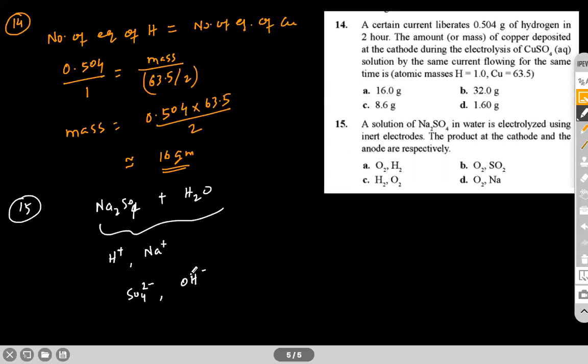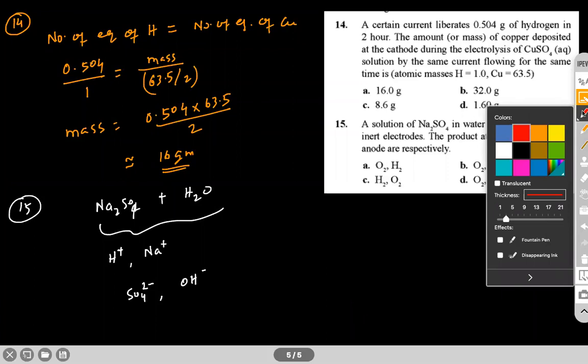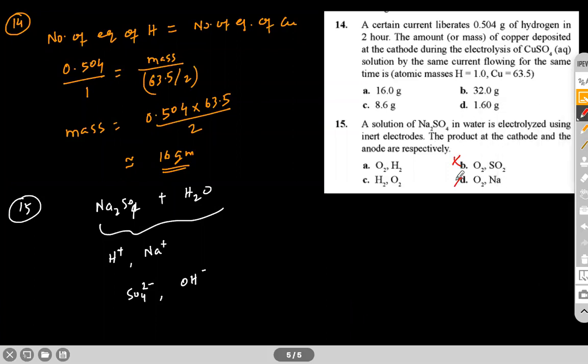Because it is on the top. So H plus has 0 value, Na plus has negative value. So obviously H plus will get reduced. It has more reduction potential. It gets reduced, and it forms H2 gas. So H2 definitely comes out in this reaction. So we can easily eliminate options B and D.